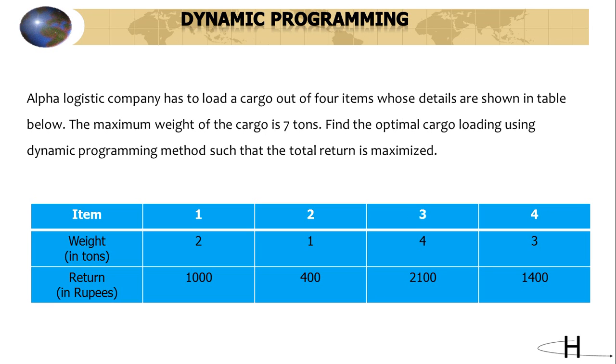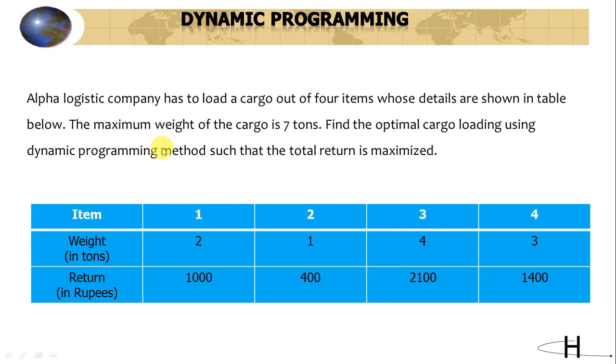Alpha Logistic Company has to load a cargo out of 4 items whose details are shown in the table below. The maximum weight of the cargo is 7 tons. Find the optimal cargo loading using dynamic programming method such that the total return is maximized.